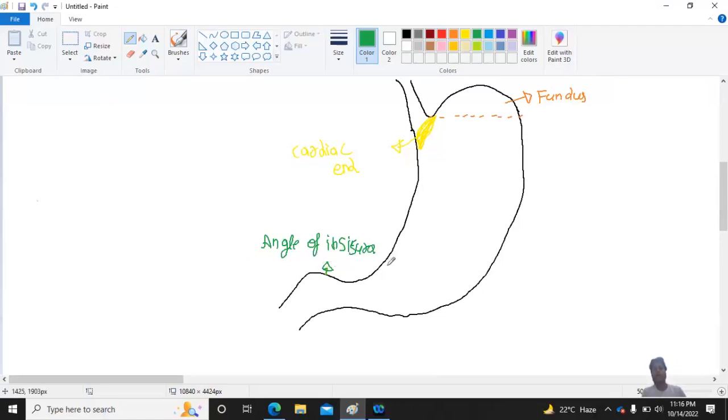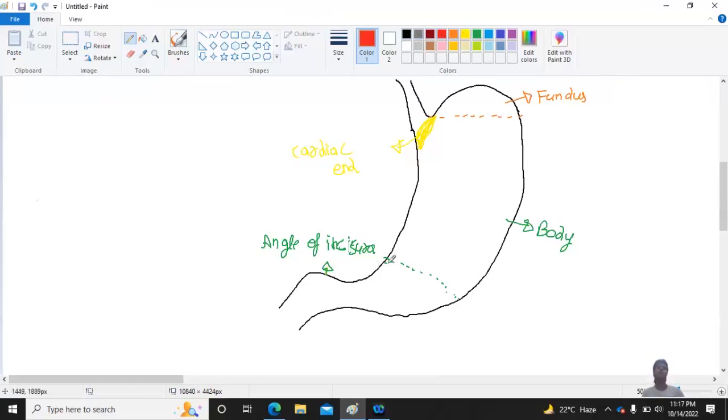And this is the body of the stomach, and this is the pyloric region.